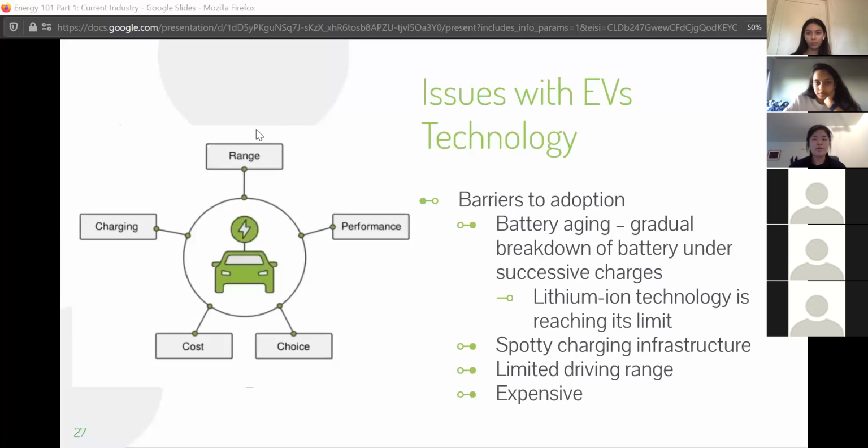So when we think about being able to have that large storage, we also have to think about, are there enough EV charging stations around? So it's that kind of push and pull relationship.